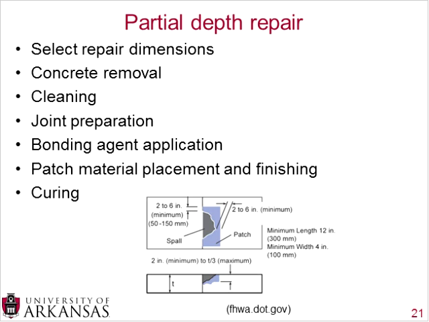Once you've done all that, you have some sort of bonding agent application, so it's some sort of gluing material that you put along the patch, and then you can place the patching material in there and finish the surface, and then you simply let it cure. And this will allow you to get a nice smooth patch that hopefully will not come up quickly over time and will maintain the pavement surface and structure that you need.